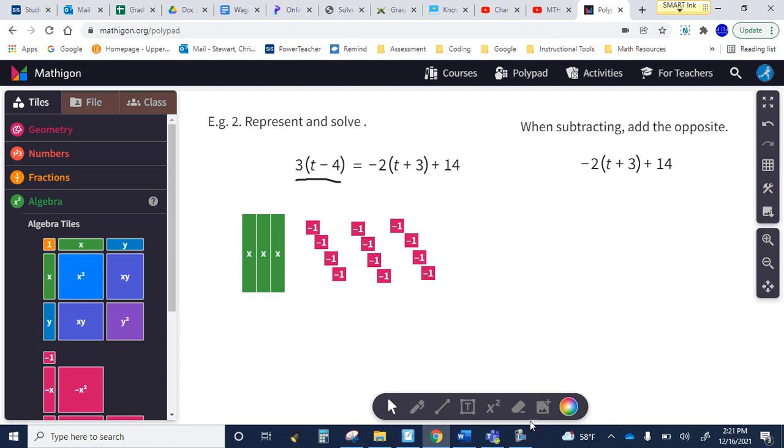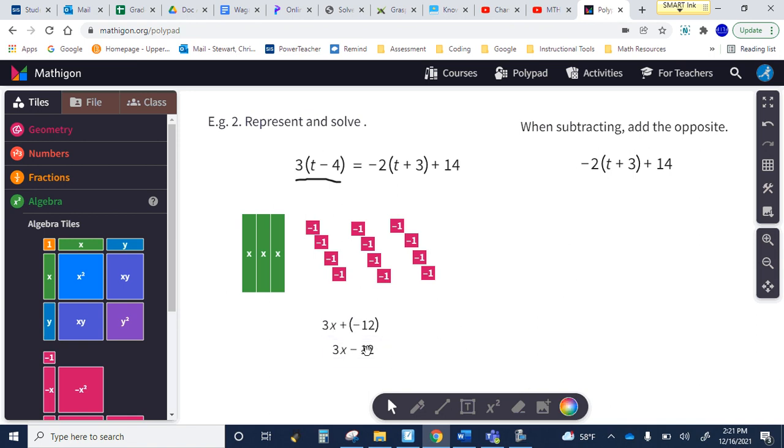Also notice that what we've created is what you get when you apply the distributive property. We actually have the following: 3x plus -12 units, or equivalently, we could write it as 3x minus 12 positive units.